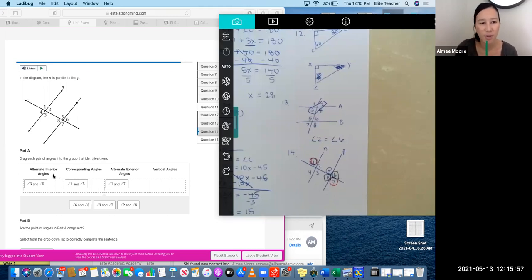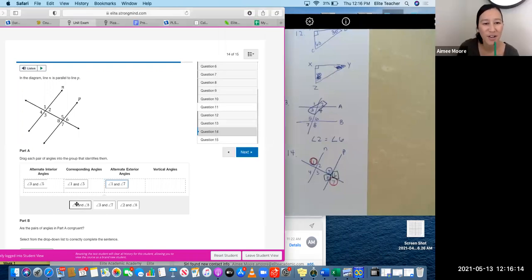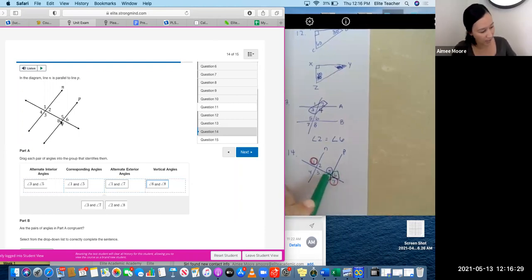Are they like any of the other ones that we already went over? Those are our vertical angles. If you have two lines that cross, the angles opposite from each other are vertical angles and they are equal. So angle 6 and angle 8 are equal because they are vertical angles.